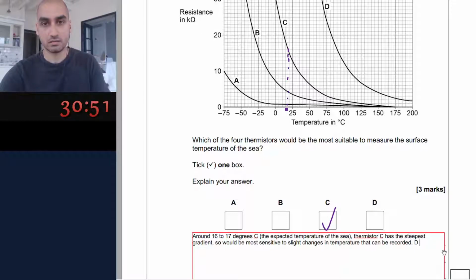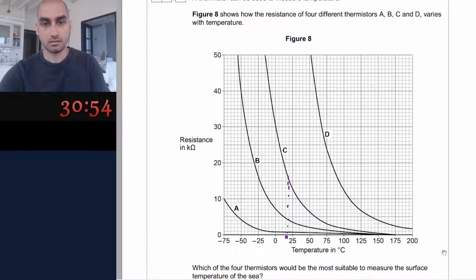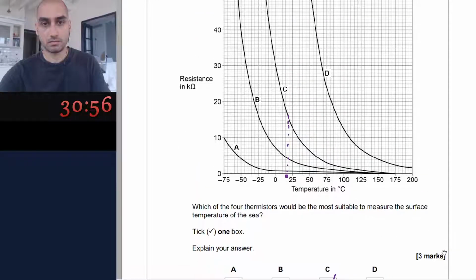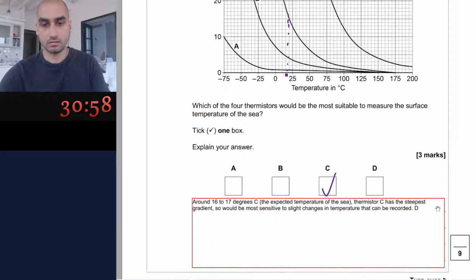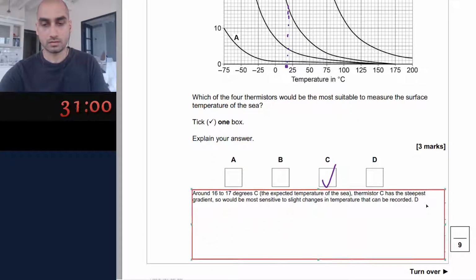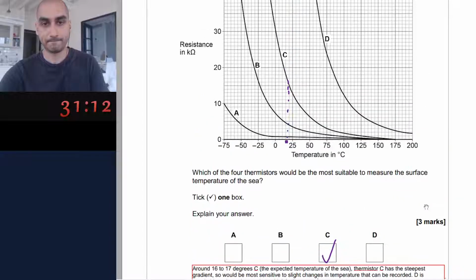D is unsuitable as its resistance is too high in that range.